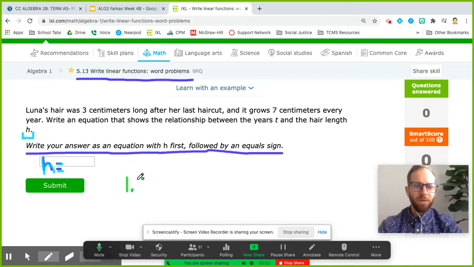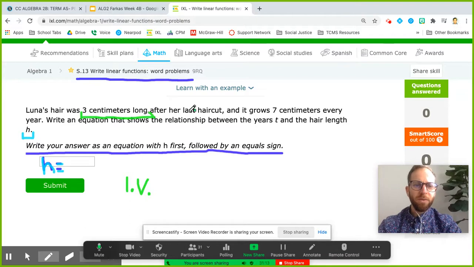So first, let's find our initial value. Is our initial value 3 centimeters or is it growing 7 centimeters? Think about how long the hair was when it started. Was it 3 or 7? 3. Good. So this will be our initial value, 3 centimeters long.